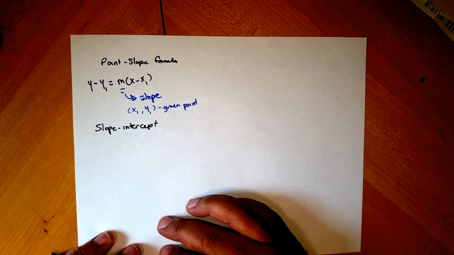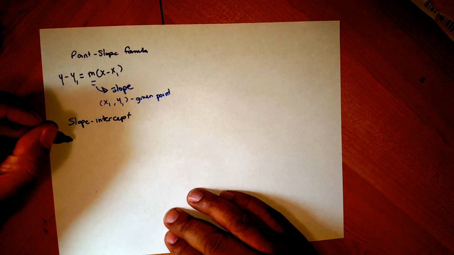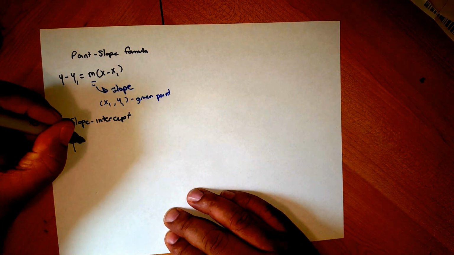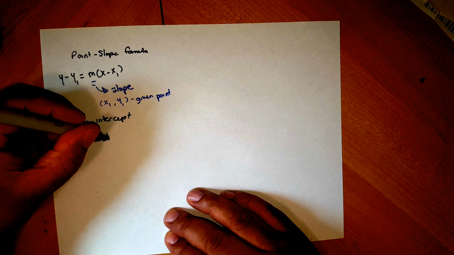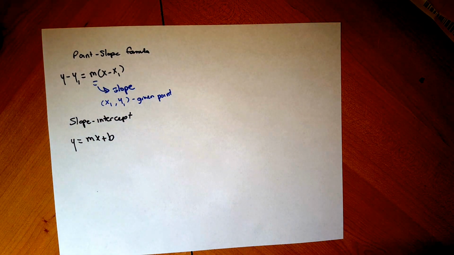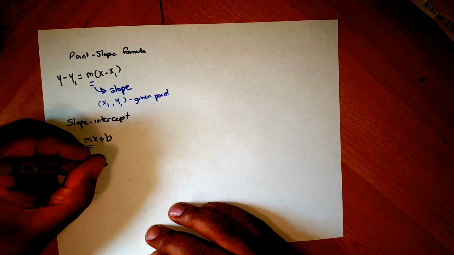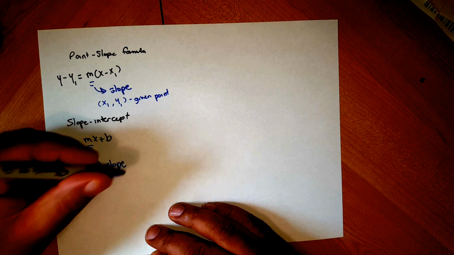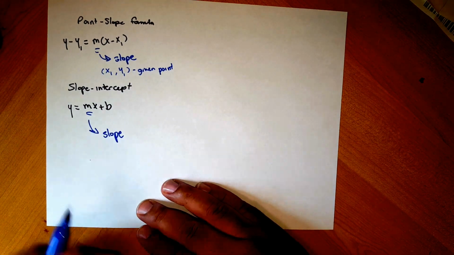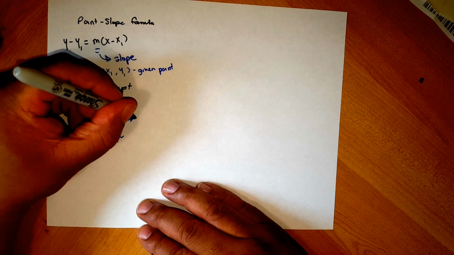For our slope-intercept form, we have what you're probably most familiar with, y equals mx plus b, where again m is our slope, and b is our y-intercept.